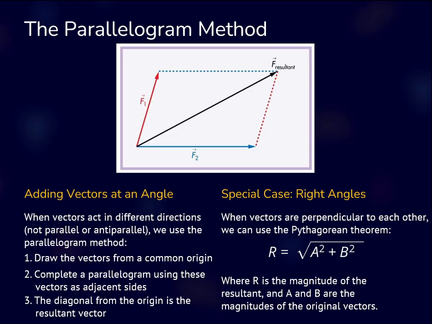The diagonal from the origin to the opposite corner is the resultant vector. If the vectors are perpendicular, we can simplify this using the Pythagorean theorem. High math class. A squared plus b squared is equal to c squared. This is useful in right angle cases, like one runner pushing north while another runner pushing east.